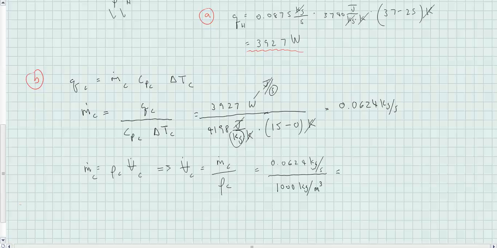If you don't want meters cubed per second, well, let's convert it. 0.0624 divided by 1,000, obviously an easy calculation, gives 6.24 e-5, and that's going to be meters cubed per second.